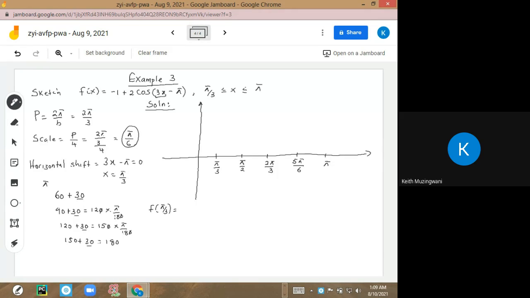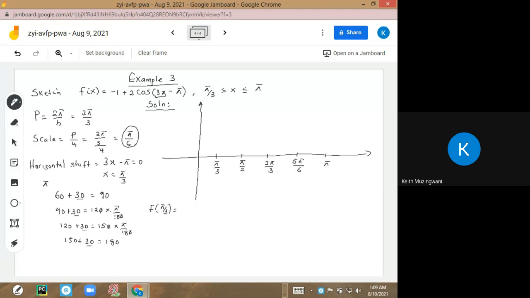The pi over 2 is 60 plus 30, which is 90. 90 is pi over 2. Sir, kindly explain where you've obtained those numbers you've written there.